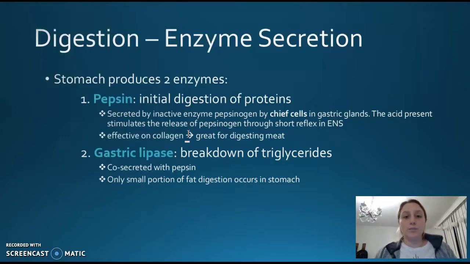When acid is present, this stimulates the release of pepsinogen through short reflexes in the enteric nervous system, and it is cleaved into pepsin, the active form that digests proteins. Gastric lipase is responsible for breaking down triglycerides and fats, and it is co-secreted with pepsin. Only a small portion of fat digestion occurs in the stomach; most of it occurs in the intestines.